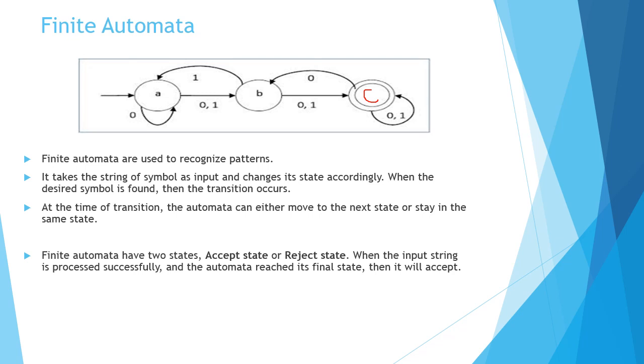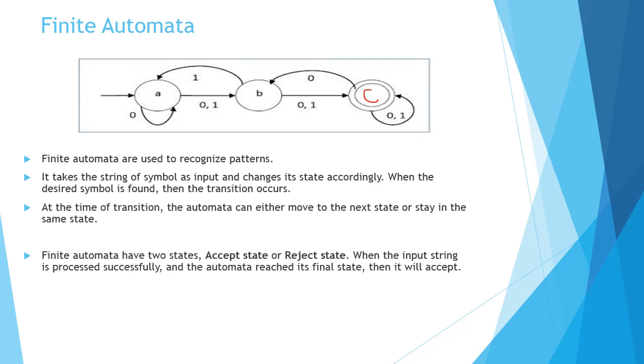In this state transition diagram, A is the initial state, and we represent the initial state with the help of this arrow. Whenever you see this arrow, consider that state as the initial state, and whenever you see a double circle on a state, call it the final state.